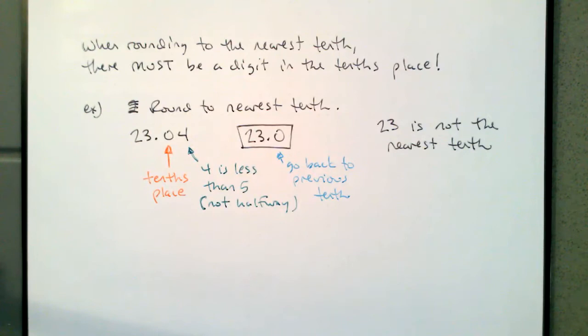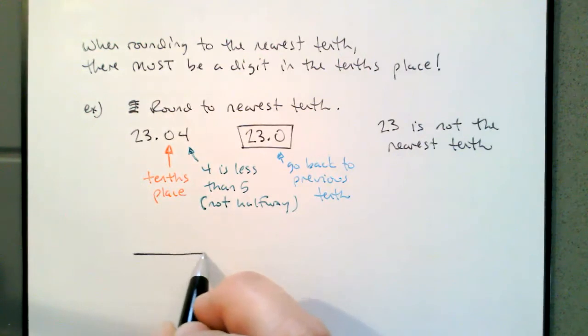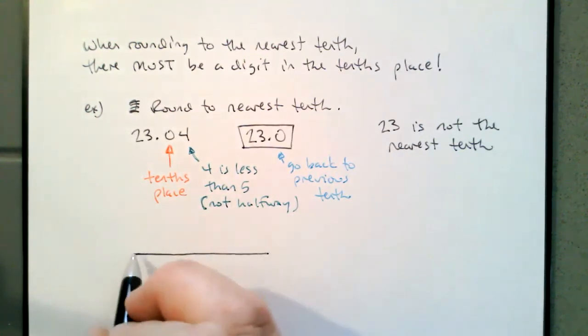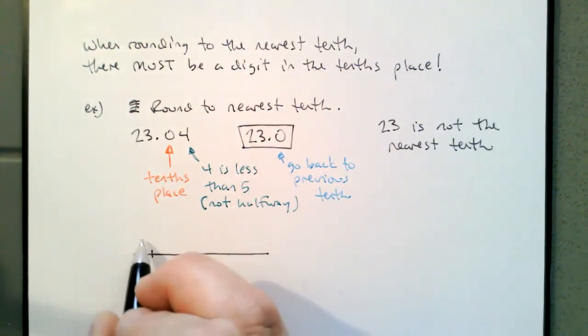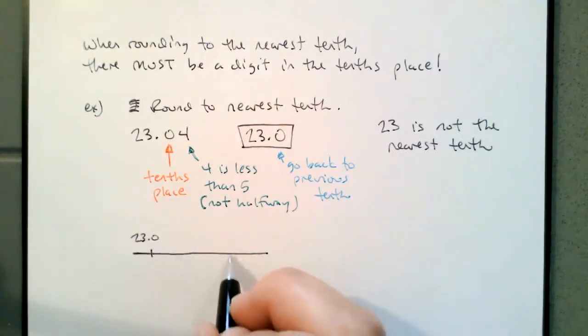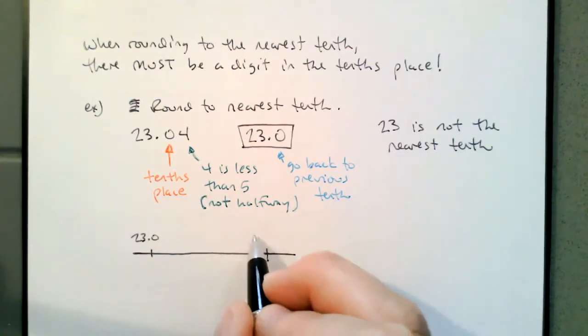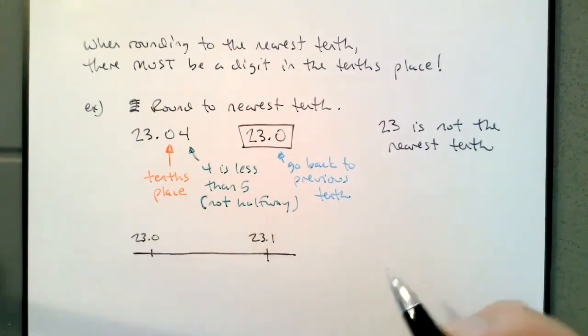Once again, the 23.04, sometimes it helps if you visualize the 2/10 you're in between. So on a number line, the 2/10 will be between 23.0 and 23.1.